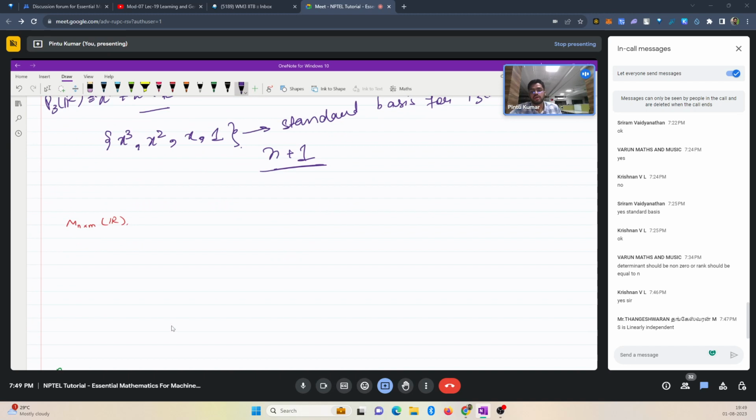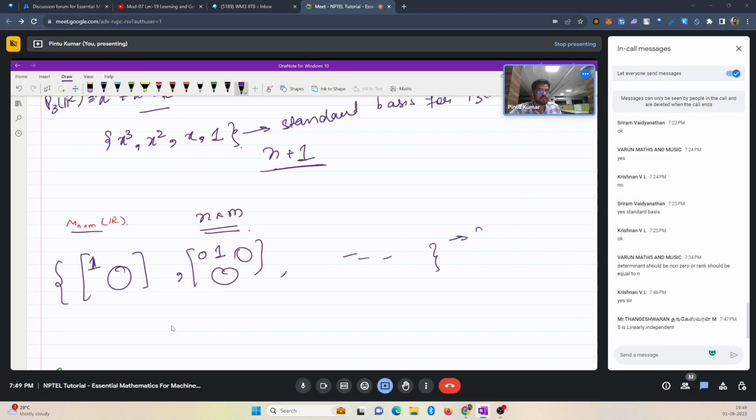Now the last one, we'll come to the set of matrices of size n cross m. The first element you can write as 1 at the first position and 0 everywhere else. Second, you can write 0, 1, and 0 again everywhere else, and so on. So you can construct a basis.